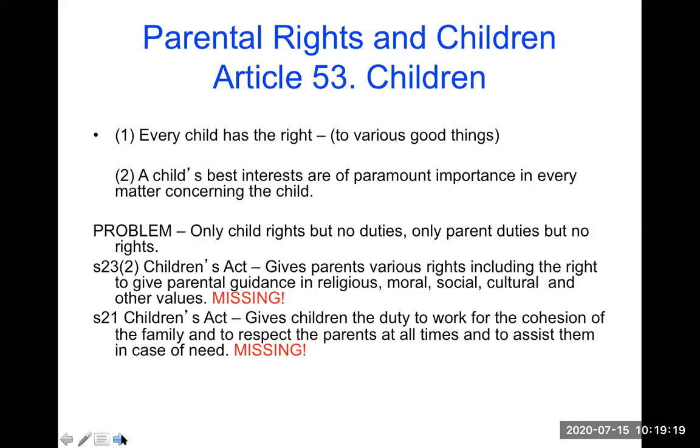But these rights do not create any duties for the children, but they list a number of duties for parents without any rights. And yet we know that the Children Act, as it is right now, someone is in the chat room.